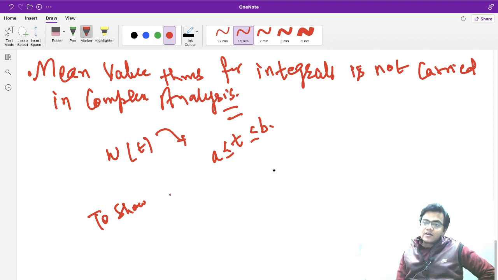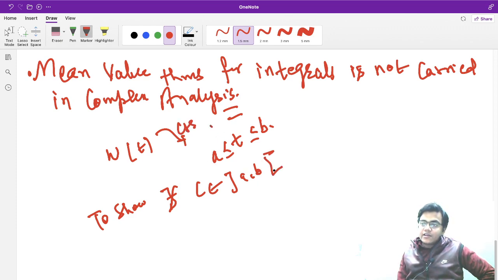To show this, we will show that there does not exist C in the open interval (a,b). Yes, it is continuous on [a,b] and differentiable in the open interval (a,b), this is given.